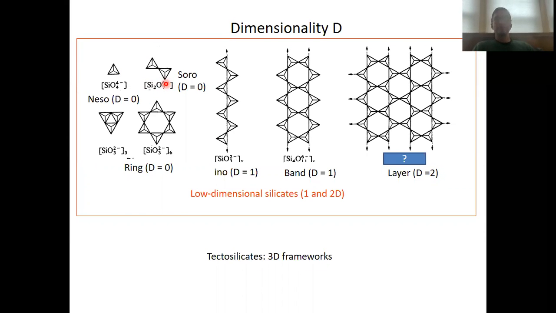Therefore, when you see a formula of a silicate that contains the unit Si2O7, you might actually suspect directly that this may be a sorosilicate in which 2 SiO4 units are linked together via a shared corner.